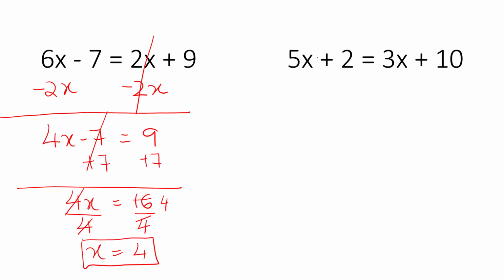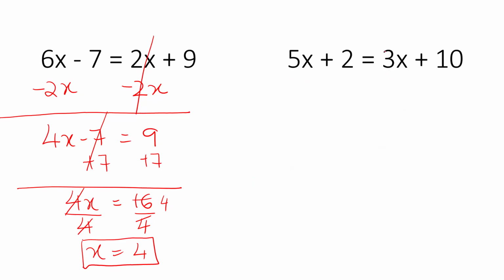Similarly, we will do the same operation here. You can see that I'm just following the steps. Even if the numbers get bigger, or even if there is a negative sign, it does not matter as long as you follow the procedure step by step.